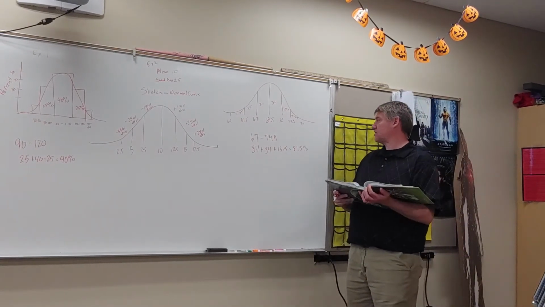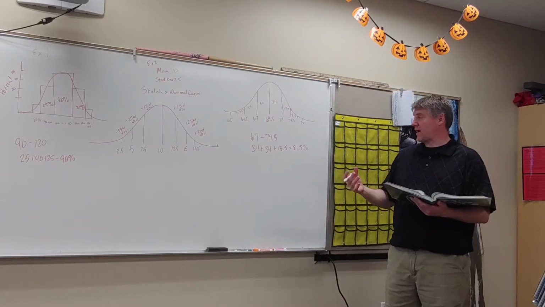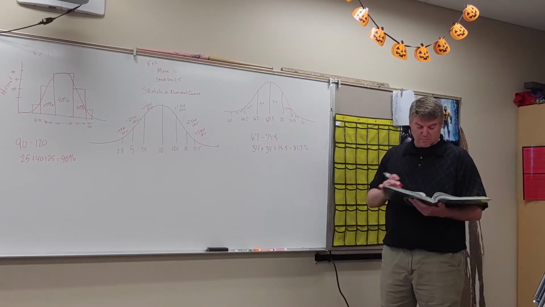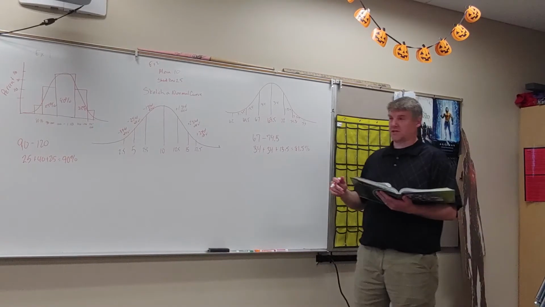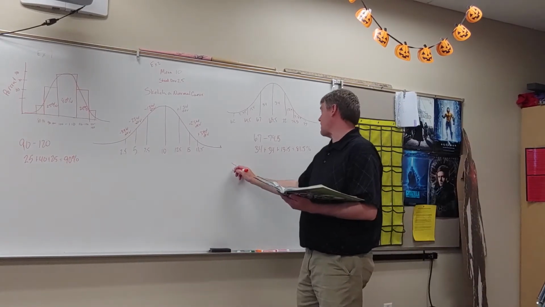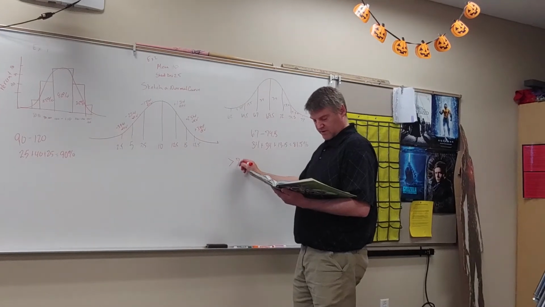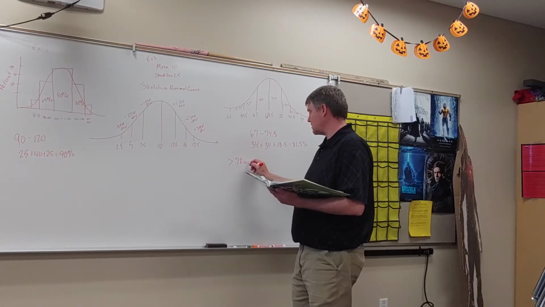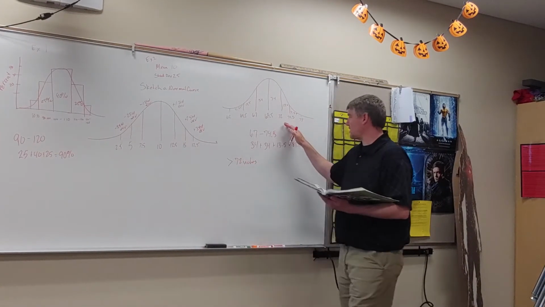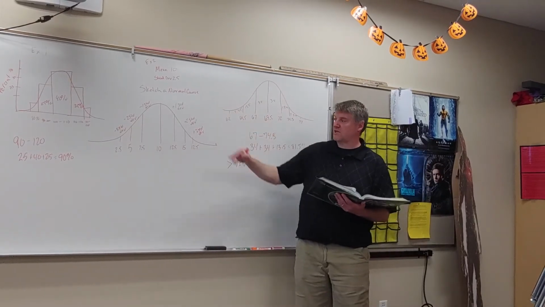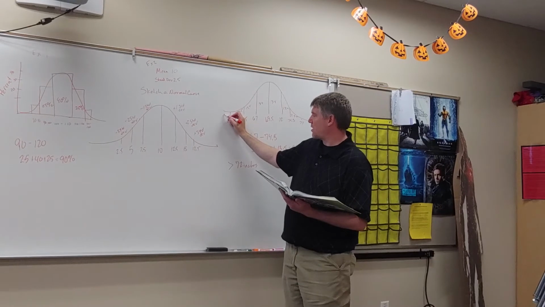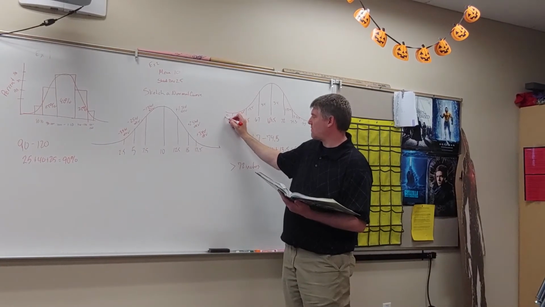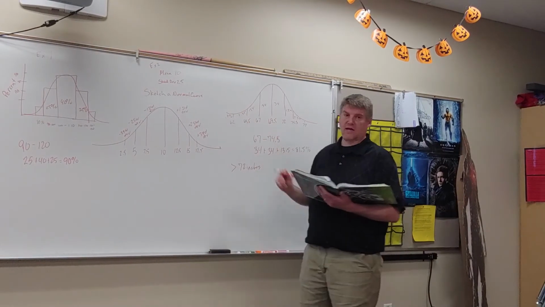What percentage of people would you expect to be above 6 feet? My next question is above, so greater than 72 inches. I want all this piece down here. If we go back to our little piece on the end, this part is 0.15%.